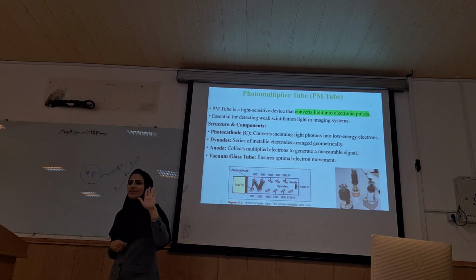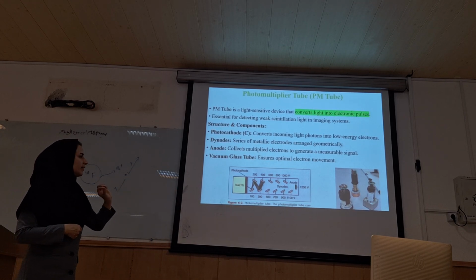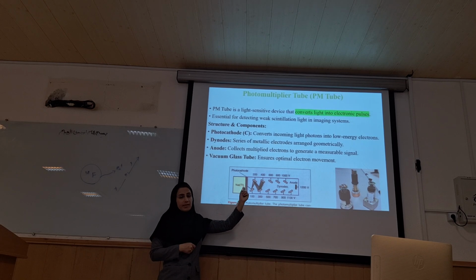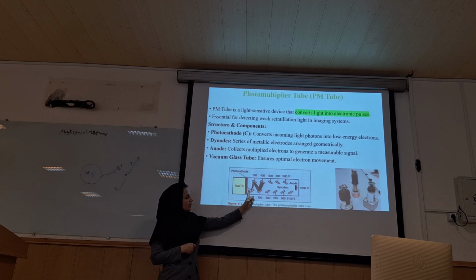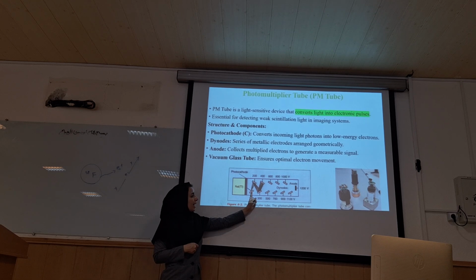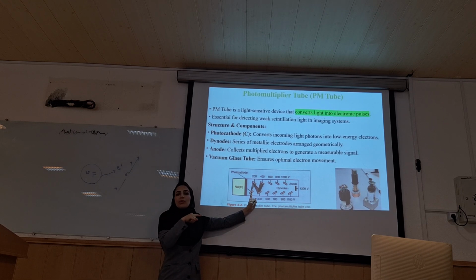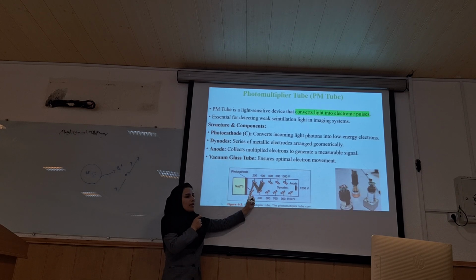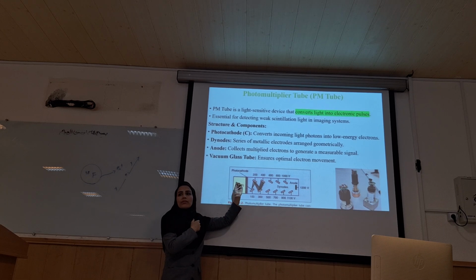Approximately we have 10 dynodes, and high voltage is connected to them. After the photocathode, I have one electron. This electron is hit by the first dynode, and because this dynode is connected to high voltage, this high voltage amplifies the number of electrons.